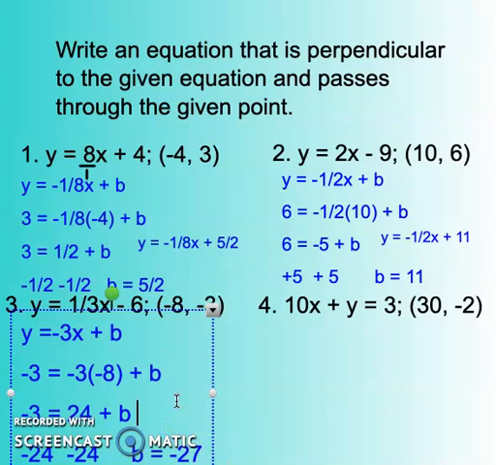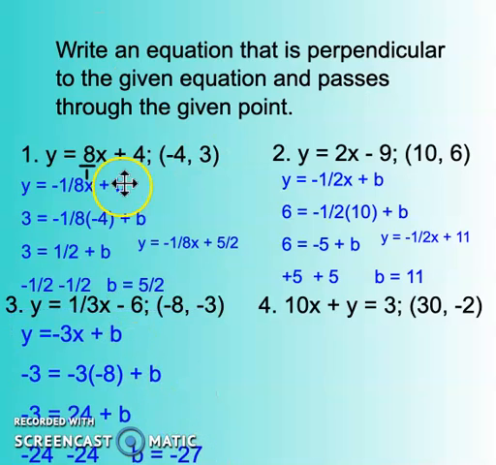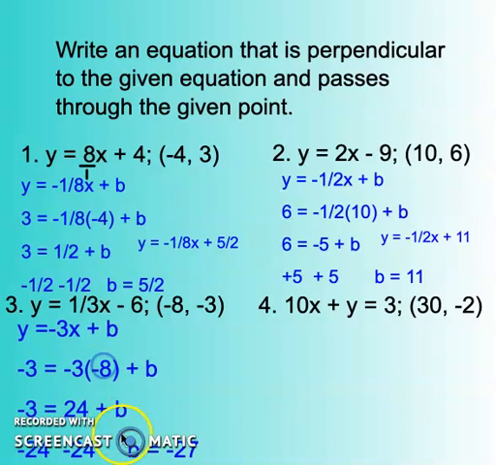So our final equation then, and I'm going to try to make this smaller. There we go. Our final equation would be negative 3x and then minus 27. I can make that one smaller.